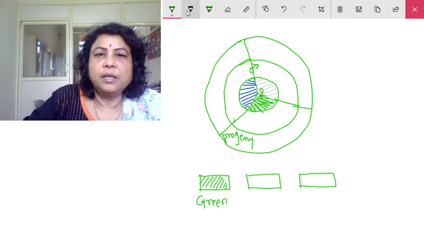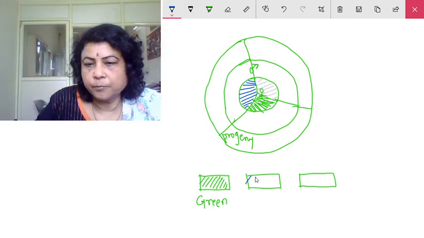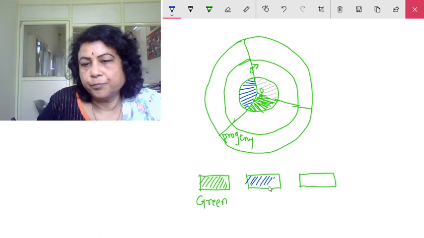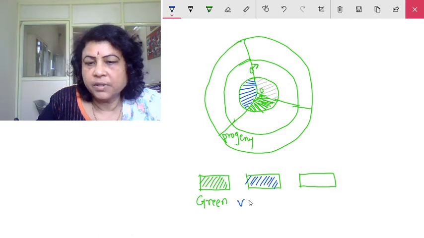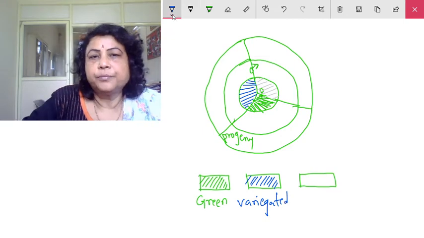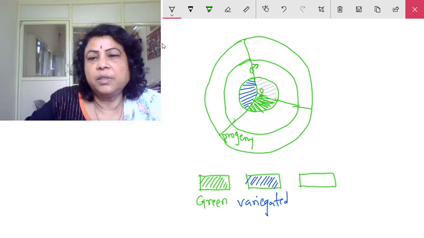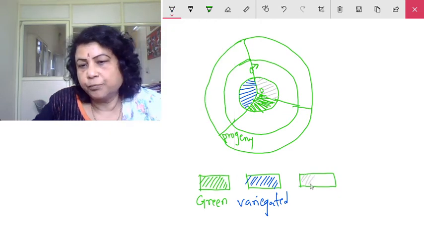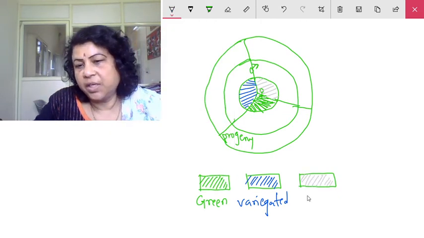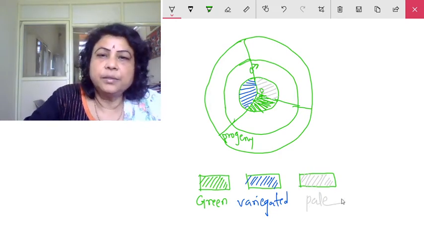It is green. It is variegated, and the third one is the pale.